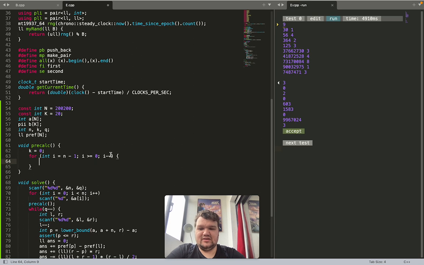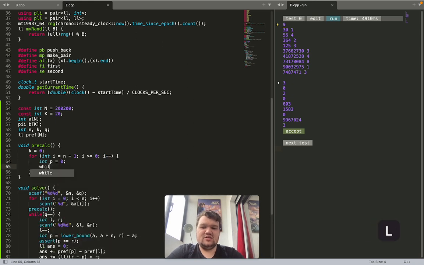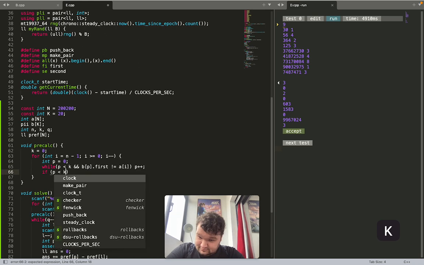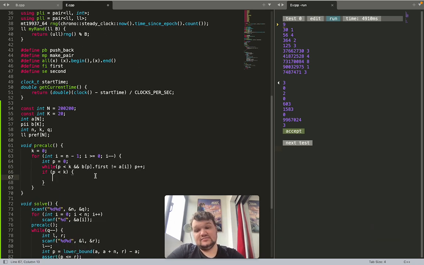So yeah, I'm doing scanline from right to left, adding this new element. I want to try and find it in B. If I did find it, then I will update its leftmost occurrence to be i, and now I should move it to front.